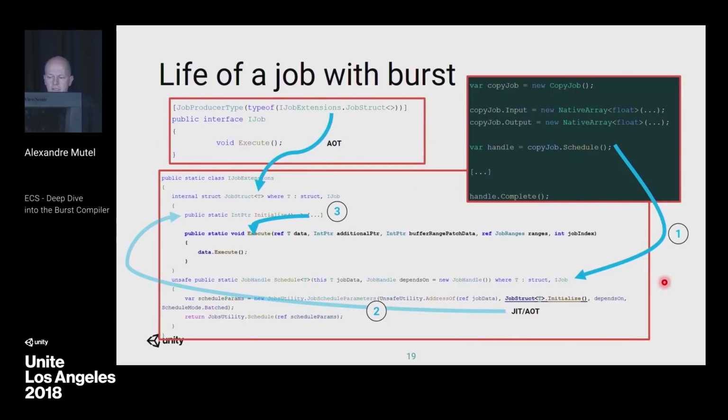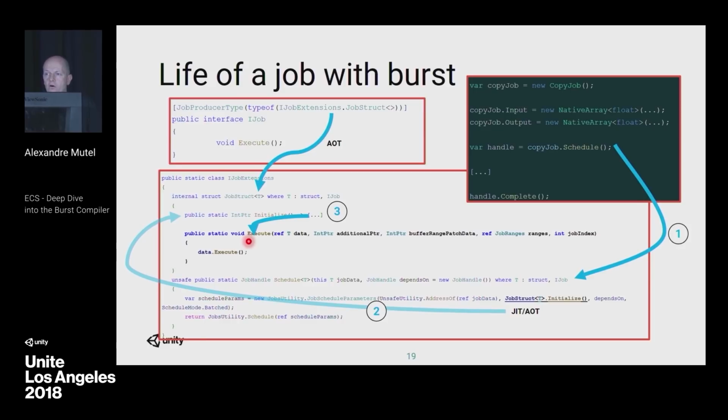And this schedule is not going to run your code directly. Instead, the schedule method is going to pass a pointer to a wrapper that is going to run your job. In the case of IJob, the wrapper is internal code that you don't see. But the wrapper is just going to call your method directly.